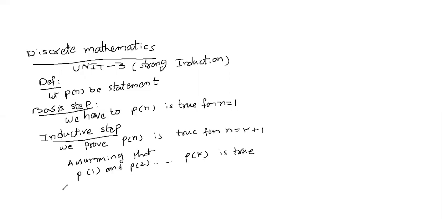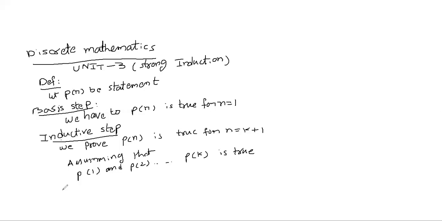Now what is the difference between mathematical induction and strong induction? In mathematical induction, in the inductive step, we assume the statement is true for n equal to k, and we prove it for n equal to k plus 1. In strong induction, proving n equal to k plus 1 not only depends on k, it also depends on its previous steps.